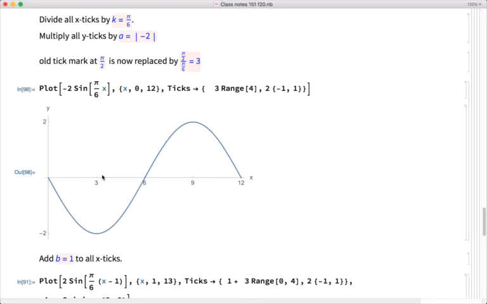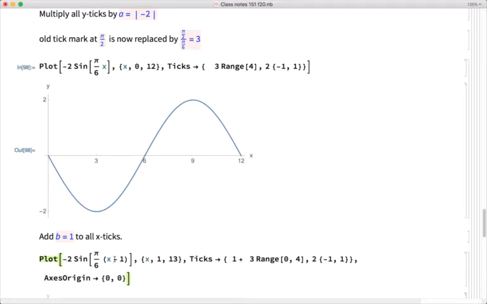And then the last step here, this is a minus because of the x minus 1 here. We are going to shift this graph 1 unit to the right, and consequently we're going to add 1 to all of the x values as we shift the graph over. This x value of 0, when we shift it over 1 unit, we're going to have a tick at 1, and that's where the graph is going to start.